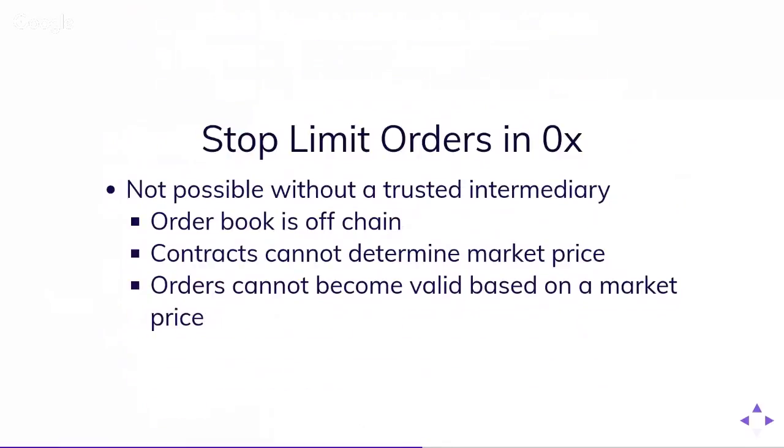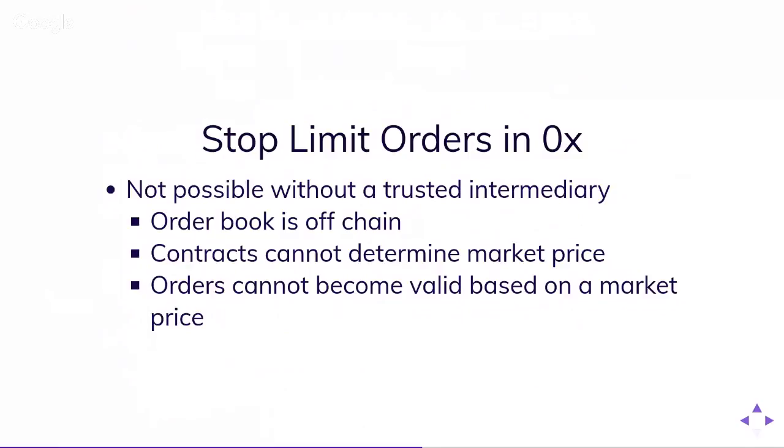Now, when we talk about stop limit orders on 0x, these are not possible without a trusted intermediary. With 0x, the order book is kept off-chain. Contracts cannot be used to determine a market price because they can't see the market.